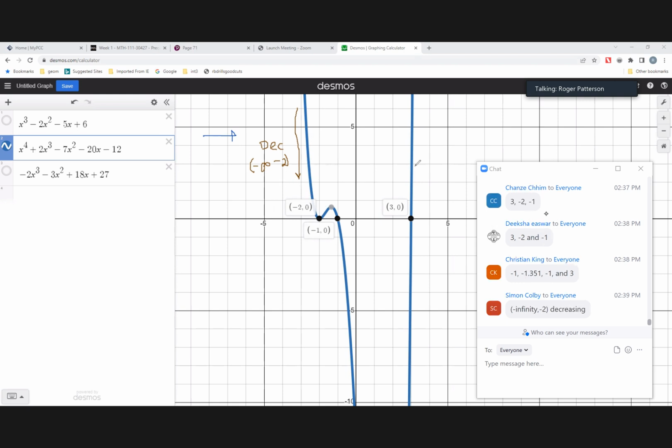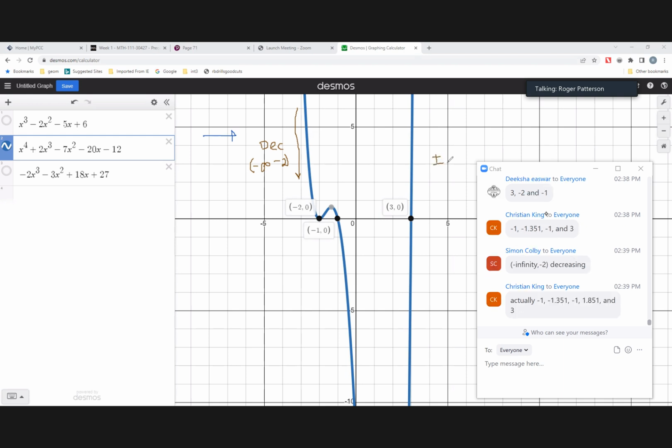I think I'll put that over here. Increasing from negative 2 to whatever that point is. So I have to go here, click on that, it's negative 1.35.